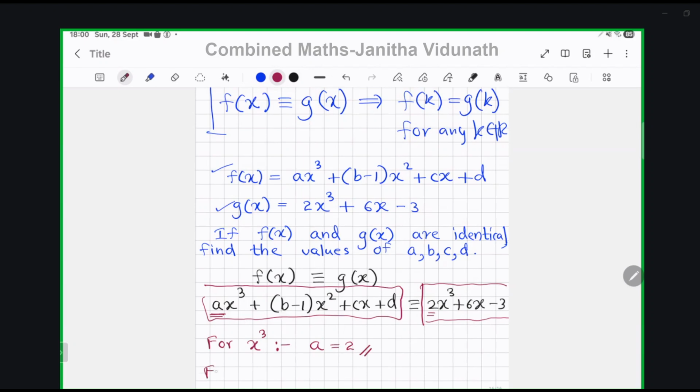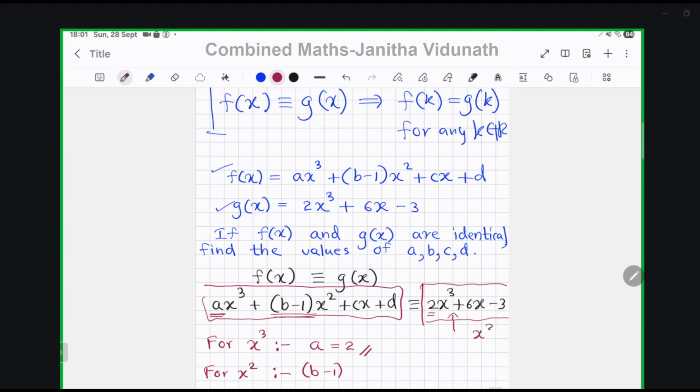Then if we consider x square, on our left hand side the coefficient of x square is b minus 1. On the right hand side, there is no term called x square.